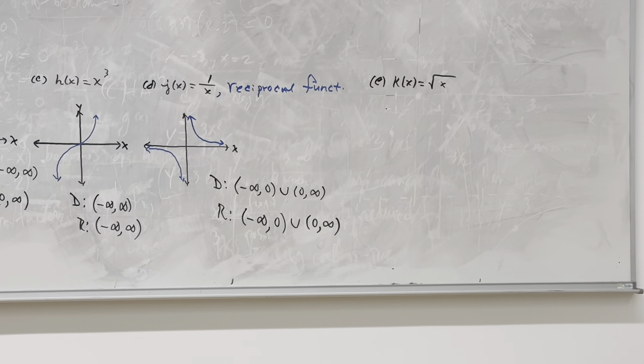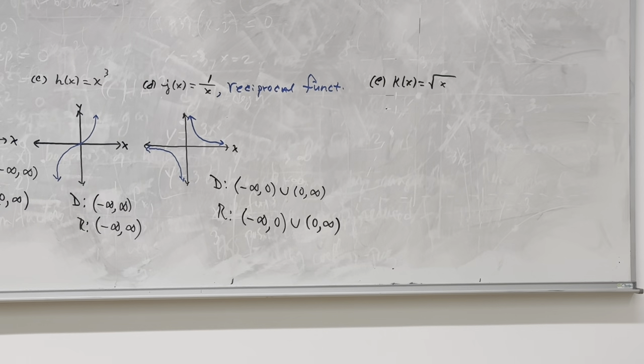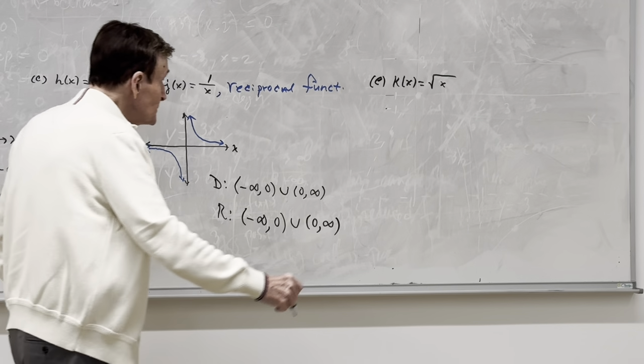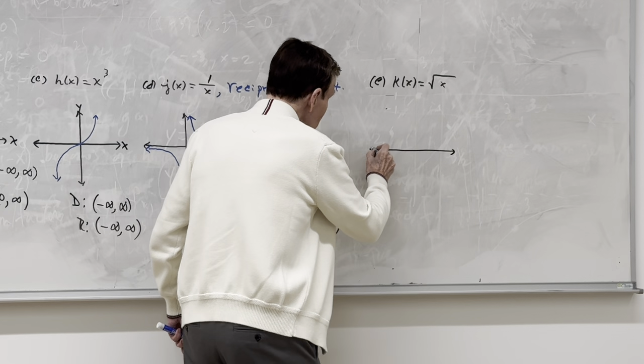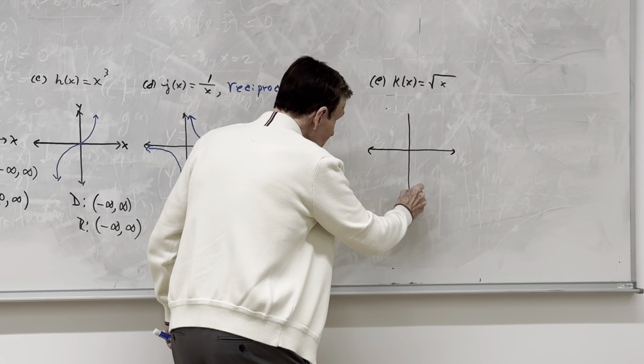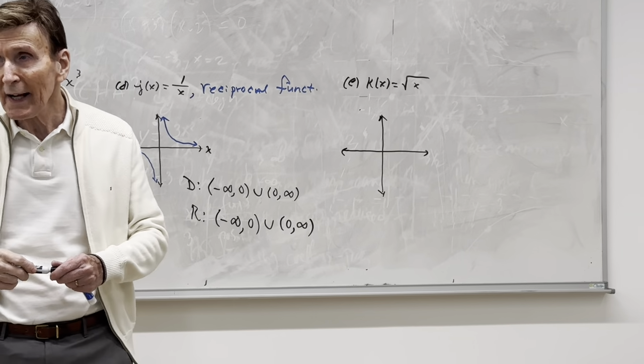Some students may recognize it, some may not. You may plot points, form a table, and do it that way, but does the student think they know the shape of it? We're going to place this on the grid. Any ideas of what a square root x graph looks like?